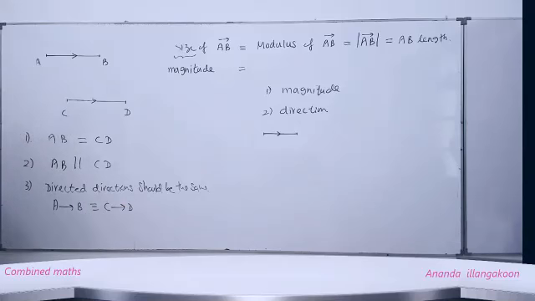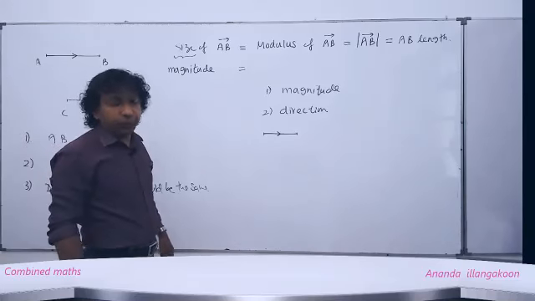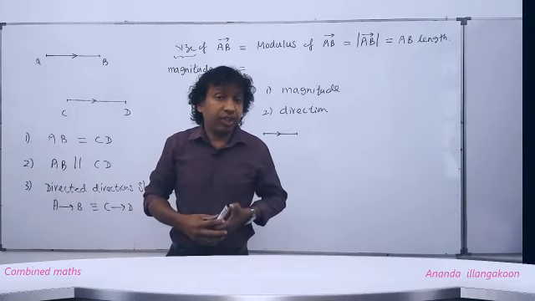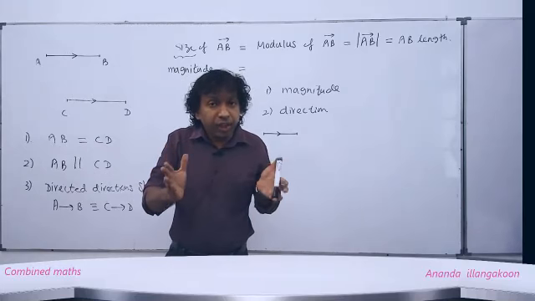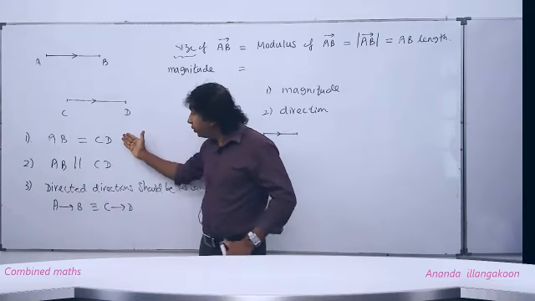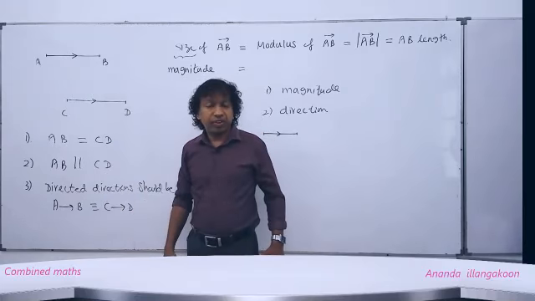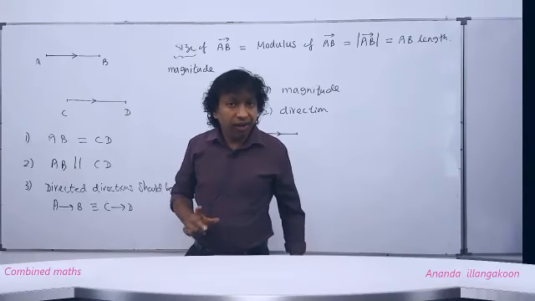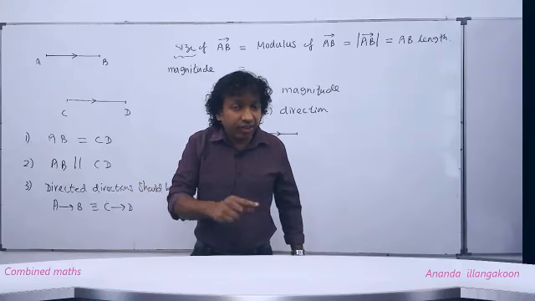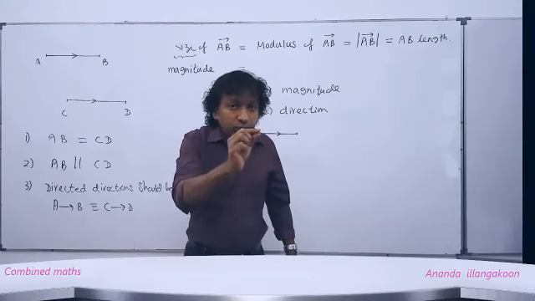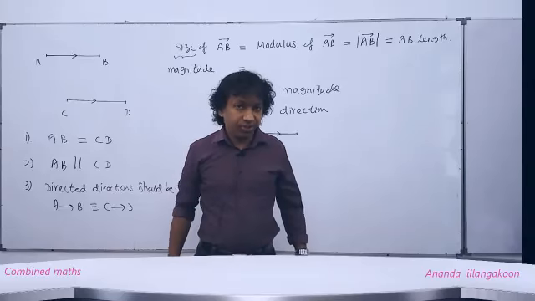So when we have two equal vectors, and after representing them geometrically we get two line segments, those two line segments have these three qualities: the lengths are equal, the line segments are parallel, and the directed directions, meaning the direction the arrowhead points to, are the same.